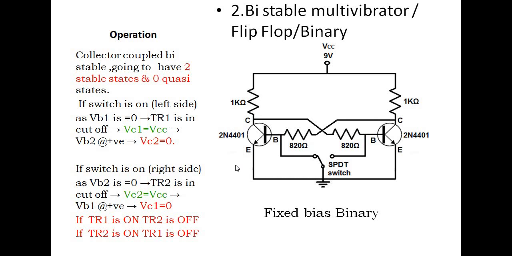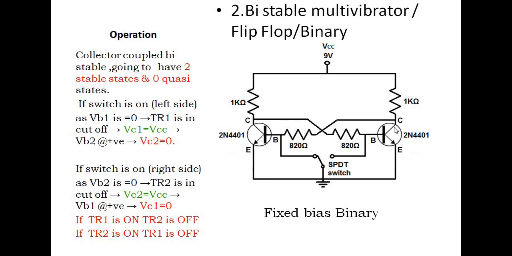The left side transistor is in cutoff, the right side transistor is in saturation. Left side output is high, right side output is low. That's what I have written: if the switch is on, as VB1 is 0, TR1 is in cutoff. If it is in cutoff, the output is high. If the output is high, some part of the positive voltage is passed to VB2.